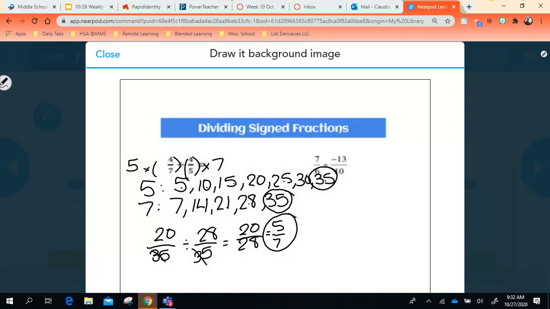I want you to find the common denominator for the second one. If you don't want to use that method and you want to use method 2, you can work out the whole problem using method 2.